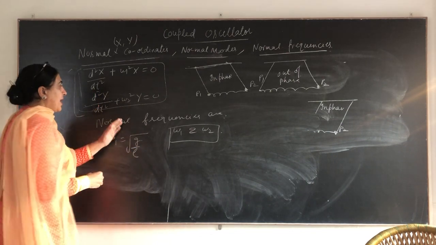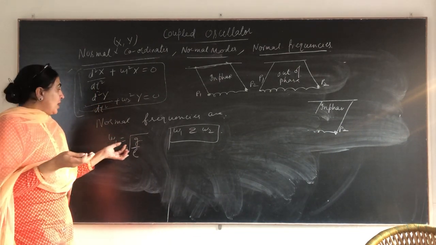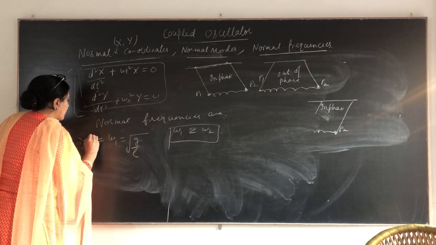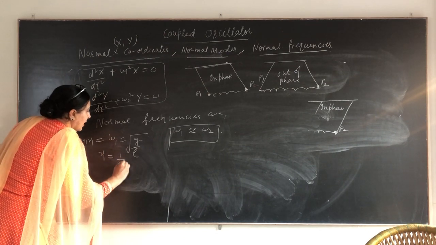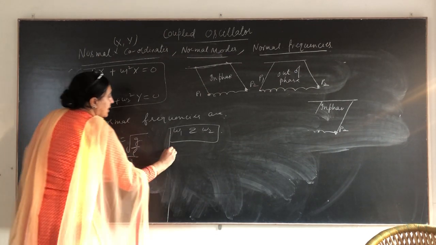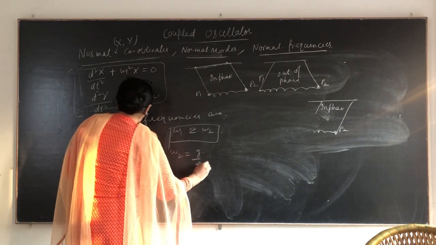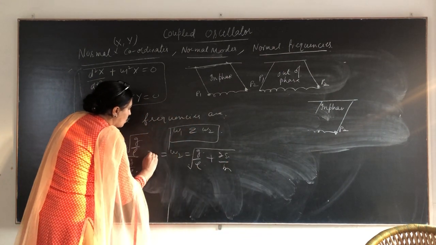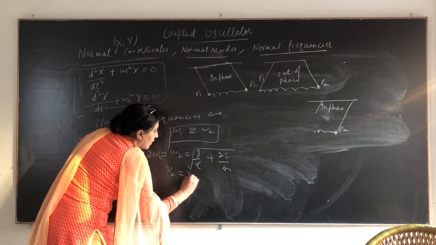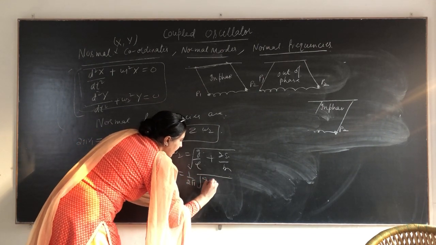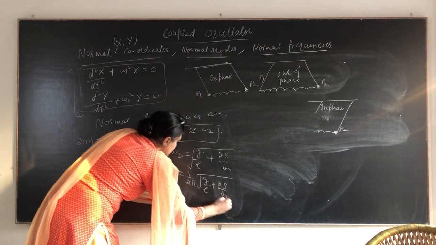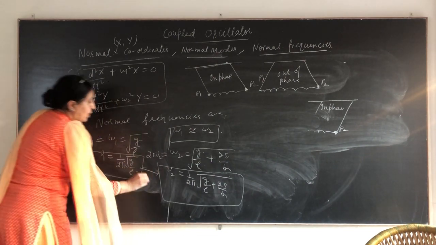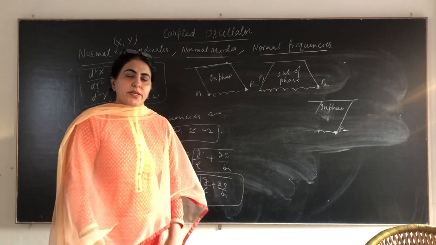This is angular, and for the frequency, 2 pi nu 1 equals this, so nu 1 is equal to 1 over 2 pi under root g by l. Similarly omega 2 is under root of g by l plus 2s by m, equal to 2 pi nu 2, so nu 2 is equal to 1 over 2 pi under root g by l plus 2s by m. These are the two frequencies called the normal frequencies for a coupled oscillator.